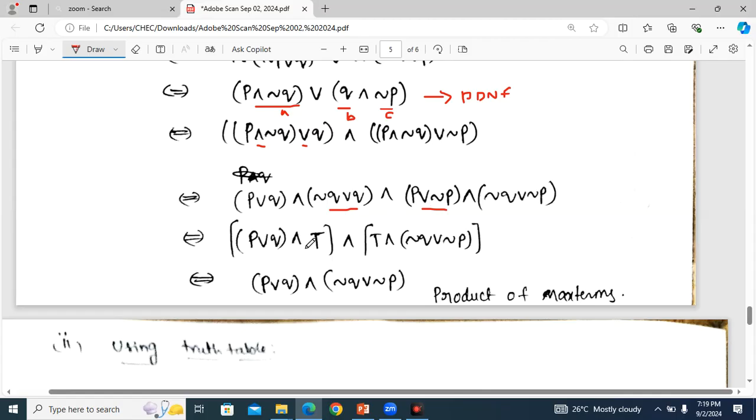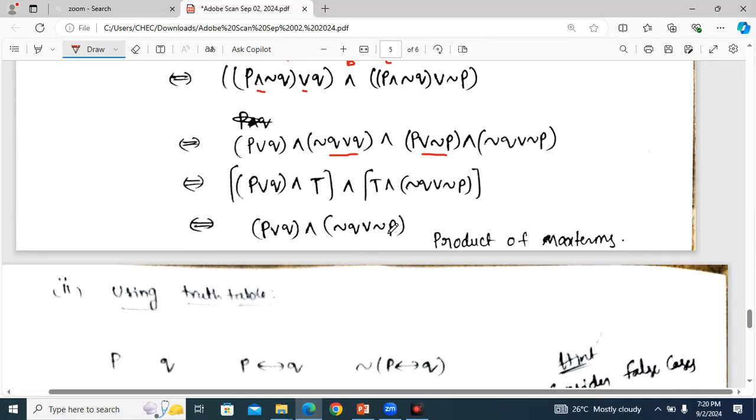So P and true by identity law gives P, that means P or Q, and true and P gives P by identity law. So here negation Q or negation P, product of max terms, which is in PCNF.